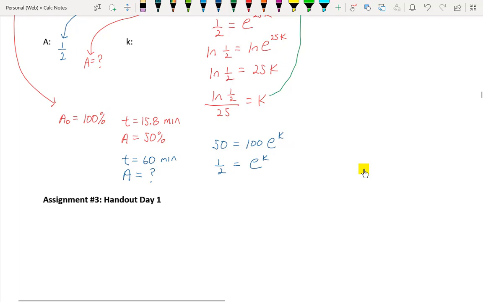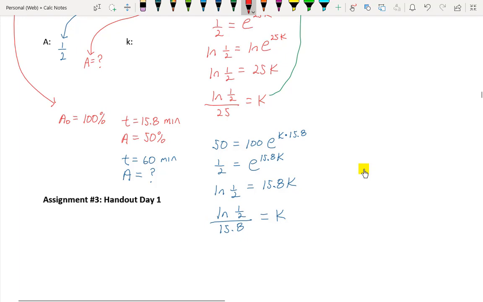I should have put in 15.8, shouldn't I? k times 15.8. So I'm going to rewrite this side, e to the 15.8k. If I take the log of both sides, I get the natural log of a half equals 15.8k, because remember, natural log of e was going to cancel. And then you can divide out the 15.8. So I have natural log of a half divided by 15.8 equals k.